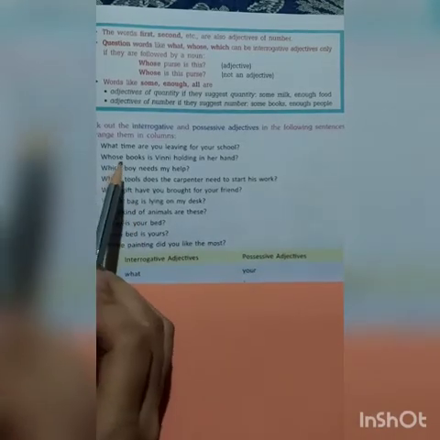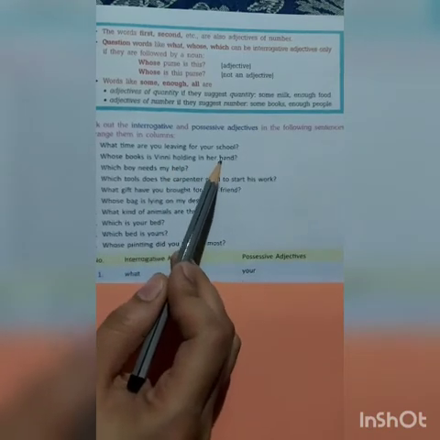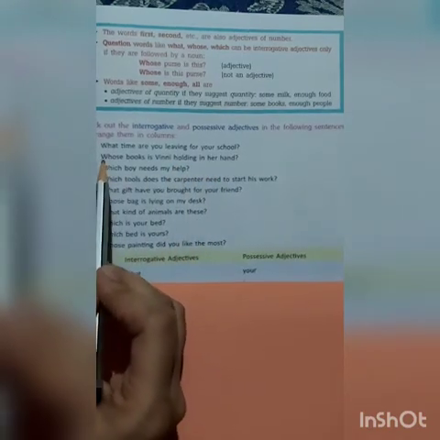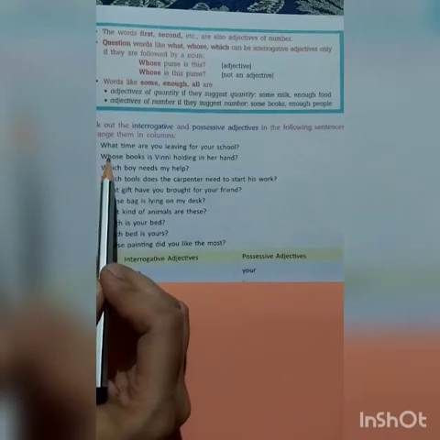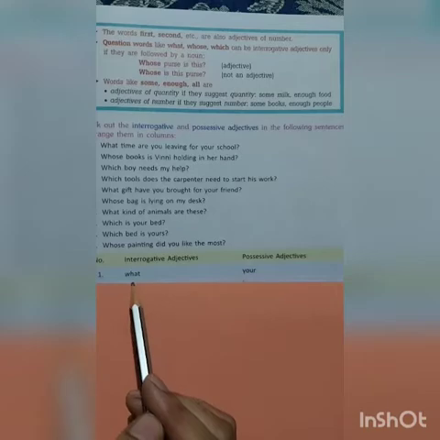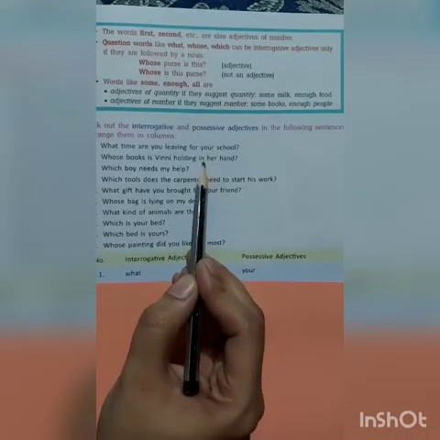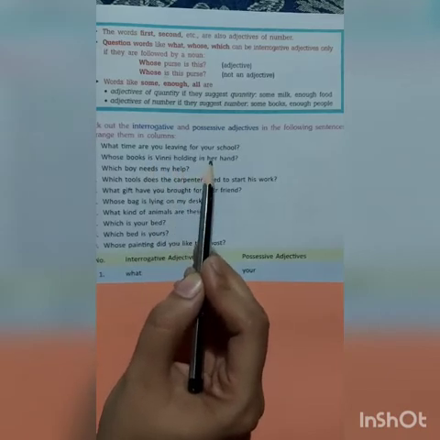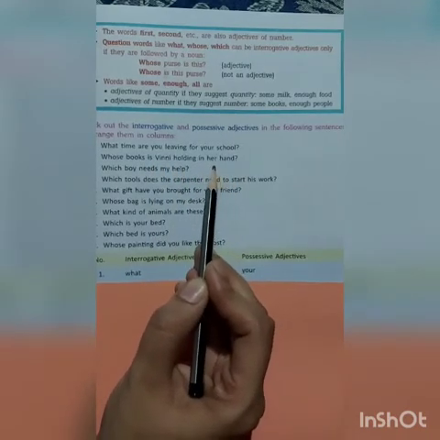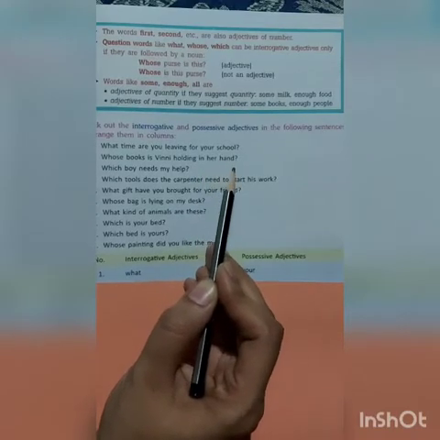Next, whose books is Winnie holding in her hand? Now, whose is posing a question, right? So it's an interrogative adjective. And whose book is Winnie holding in her hand? Right? Her hand. Whose hand?